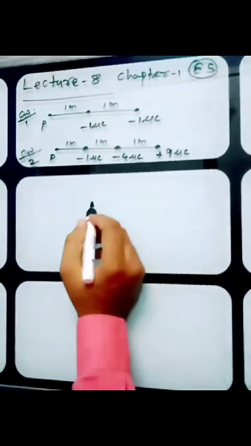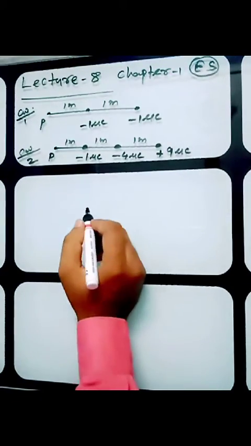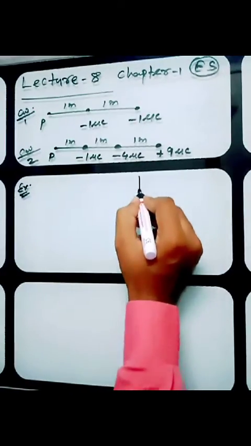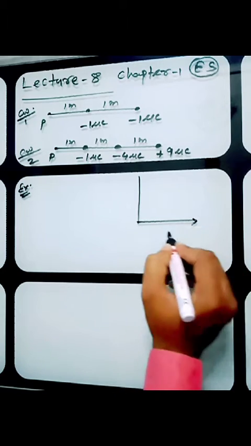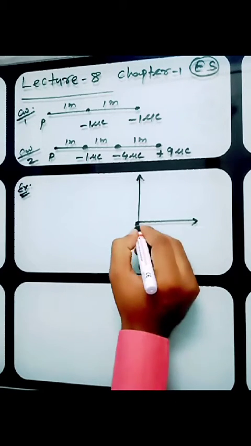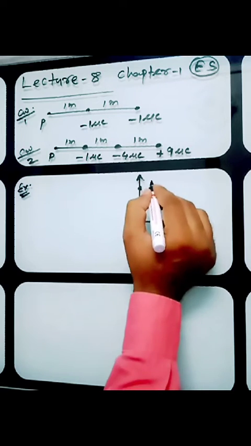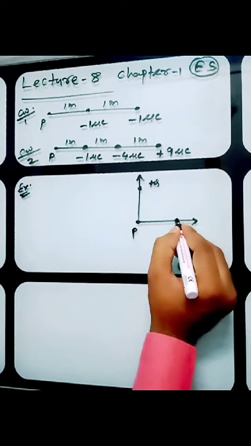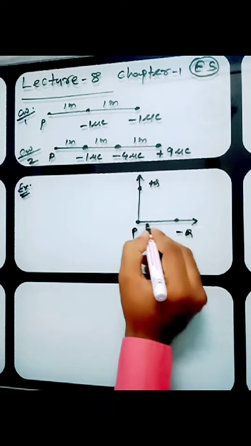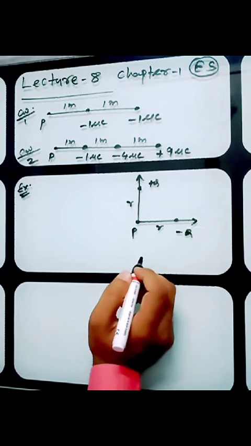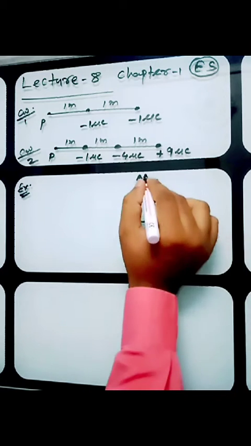Okay students, another question of a different type. As an example, this is the observation point. You have to find the net field at point P. This is the positive Q and this is the negative Q. Both are situated at a distance r from point P, and these are the x-axis and y-axis.